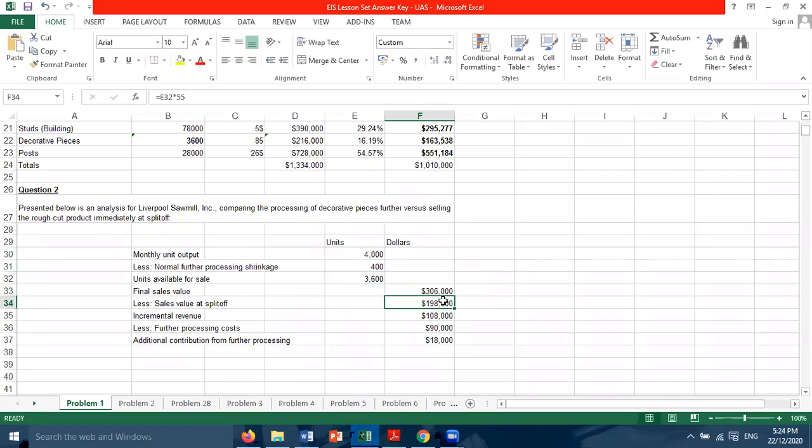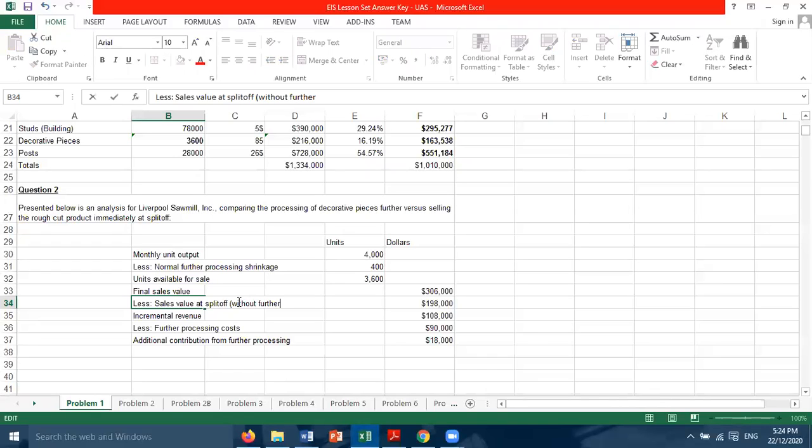Here we go. Now, to find out the incremental or marginal revenue, we need to minus the final sales value after further processing with the sales value at split off or without further processing. So we find that if we further process this decorative piece, we'll get $180,000 more in revenue.